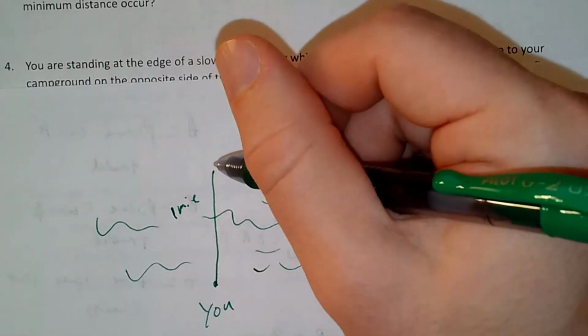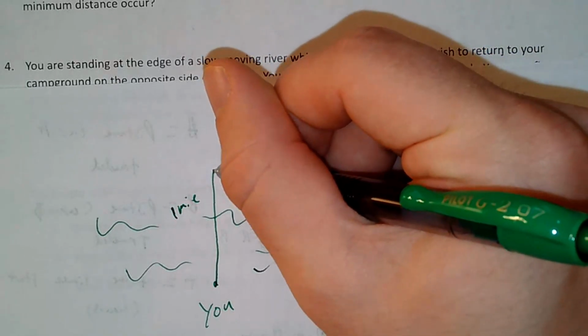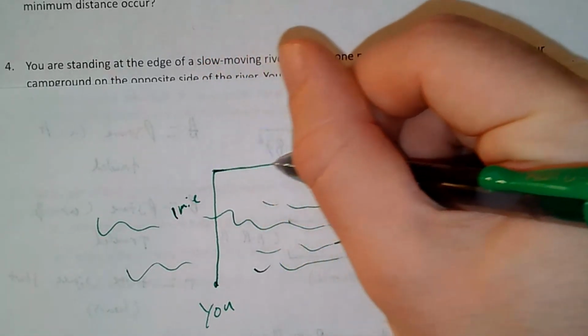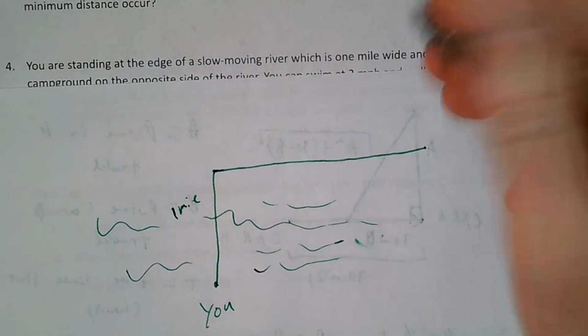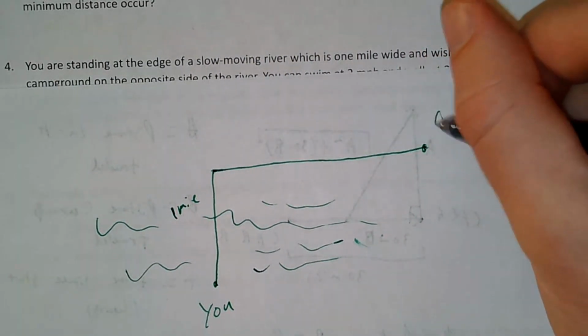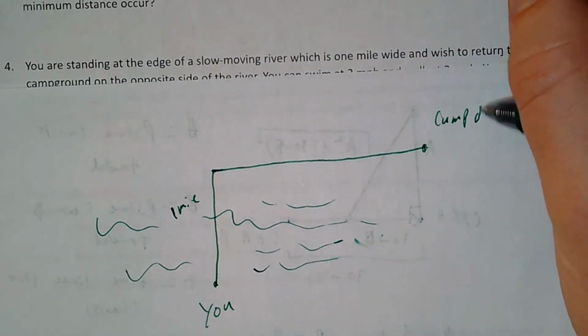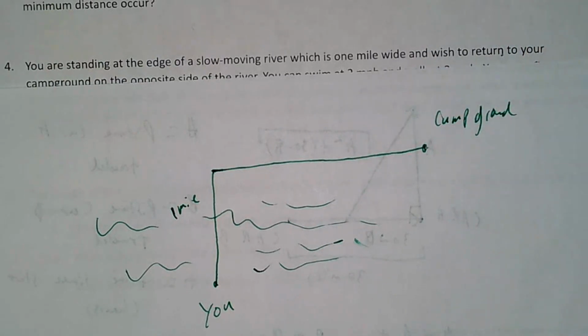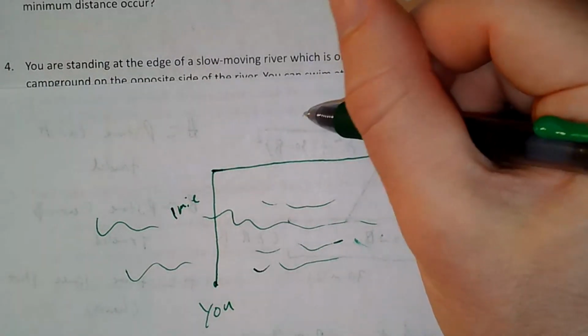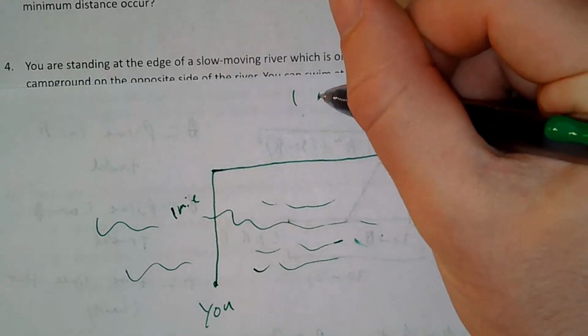And then you've got another mile over here to your campground. This is your campground. I know it's not to scale, this whole thing is 1 mile.